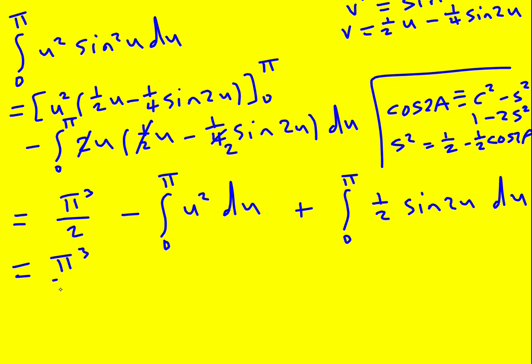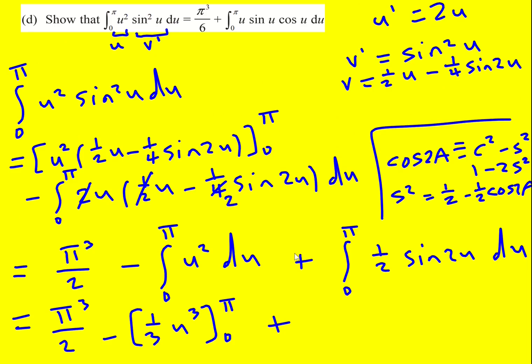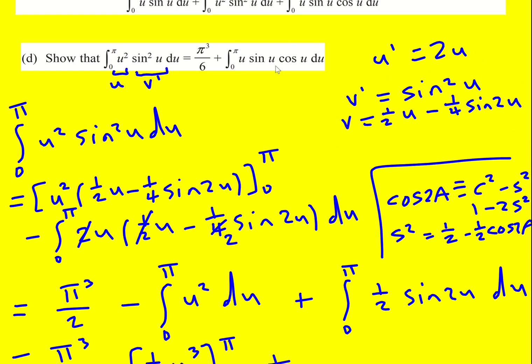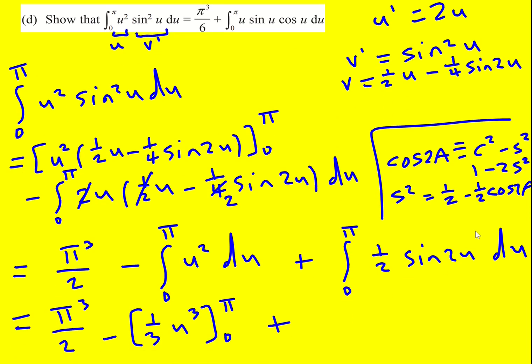This is going to be pi cubed over 2 minus a third u cubed, evaluated between 0 and pi. And now remember, we're not actually trying to do the whole integral. We've still got an integral at the end. And sine 2u, in fact, can be written as 2 sine u cos u. So this will simplify to precisely what we needed.